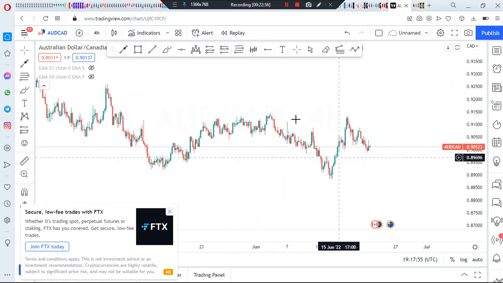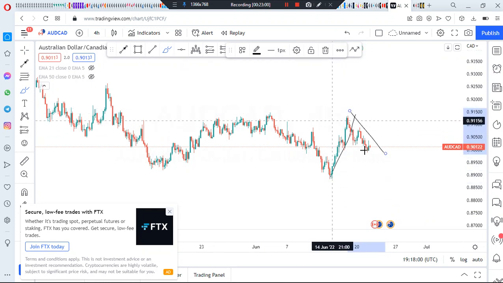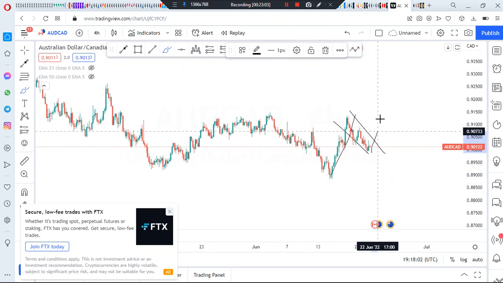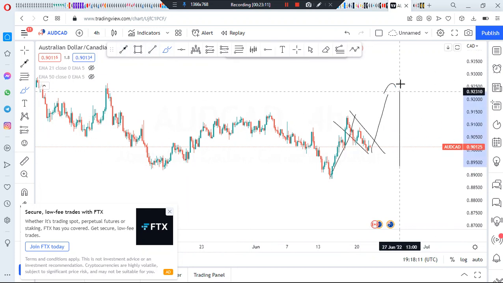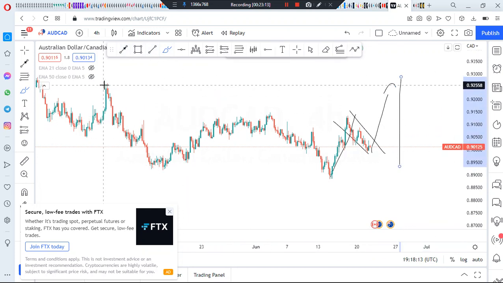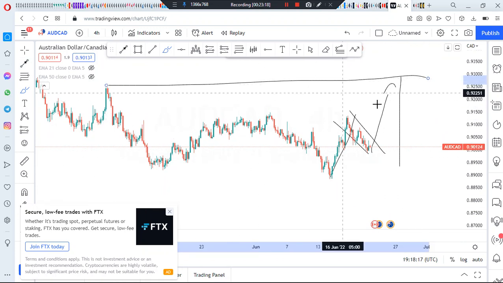As you can see, this was an impulse to the upside, and this is acting as a correction. So what are we looking for? Looking for the next impulse, that is the upside. So we're looking for buying position to the upside up to maybe this area right here.